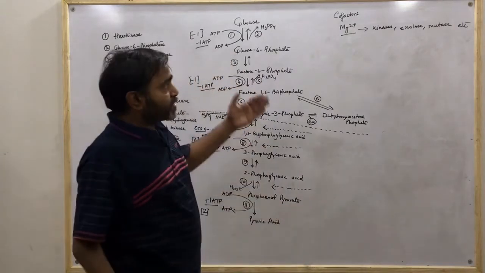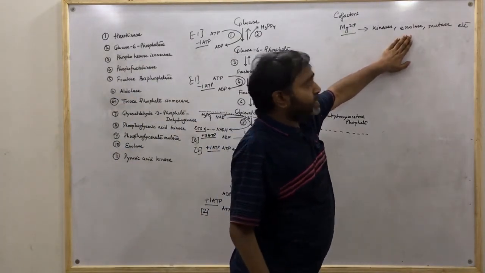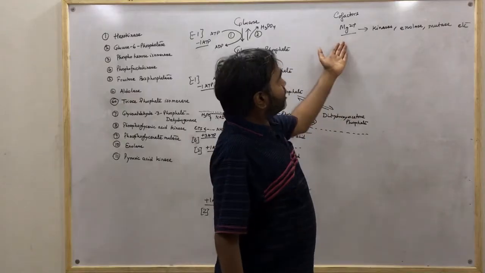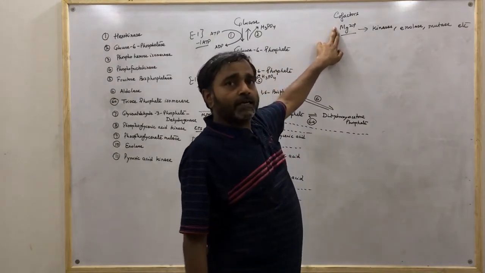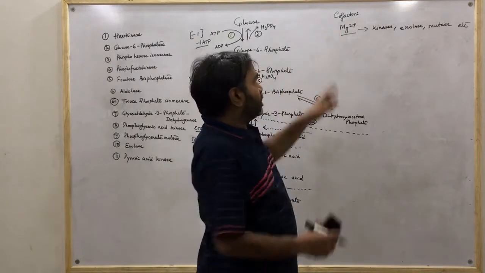So in the steps where such enzymes are working, like kinases, enolases, mutases, such a cofactor like magnesium is required for the activity of enzyme.